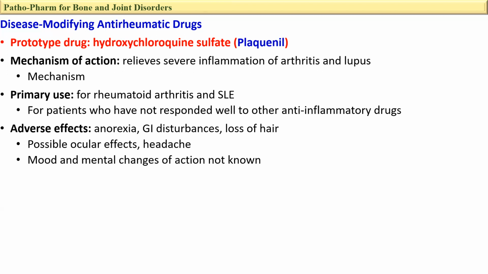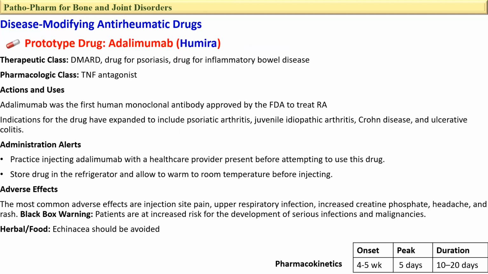The other one, which is Humira, is a TNF. It's a DMARD, but the mechanism of action or classification is a TNF, but it's a DMARD drug as well.